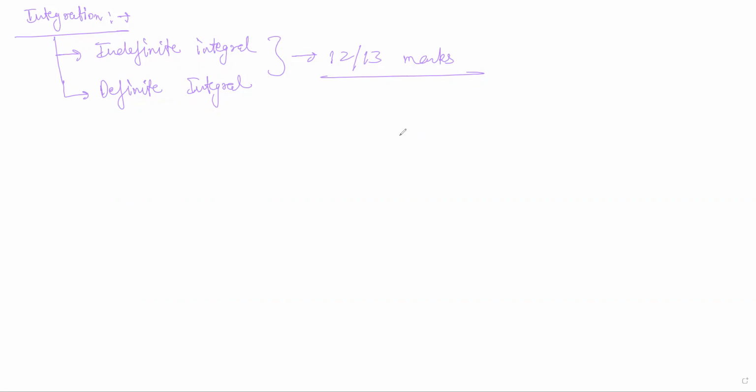Okay, cool. In that case, we should start with the properties of definite integration.